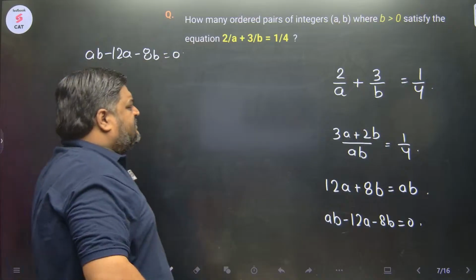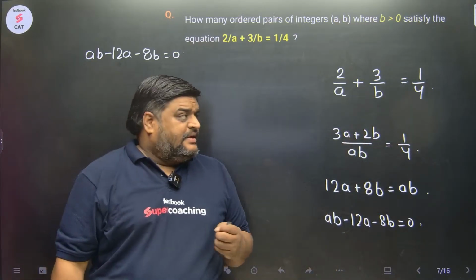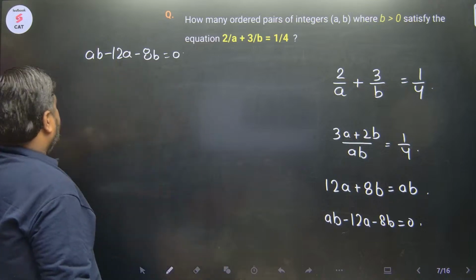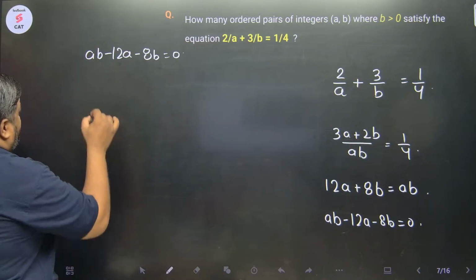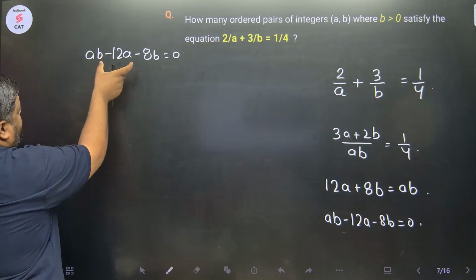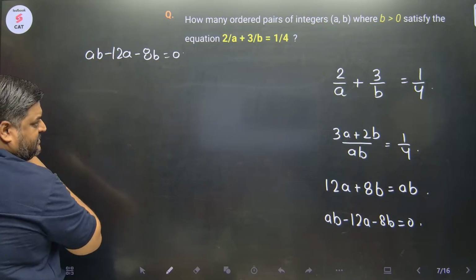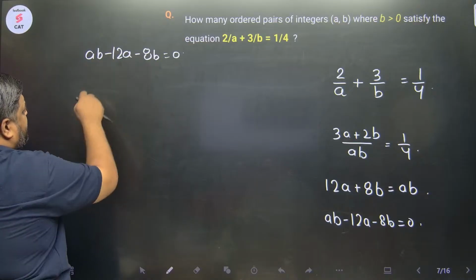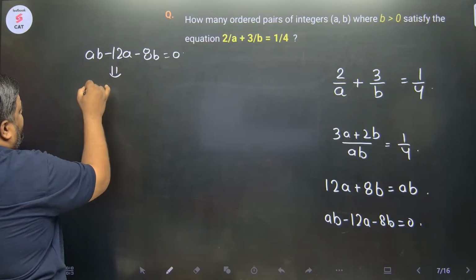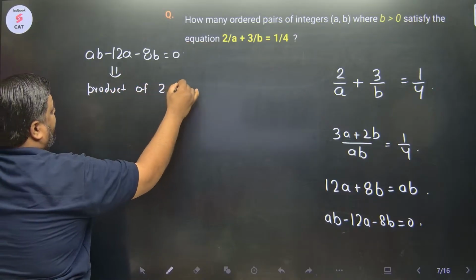Okay, you have this equation. थोड़ा simplify करेंगे obviously. इसके बाद क्या करना है? ab आप इधर से ना, try to represent this as a product of two factors. That's the agenda.